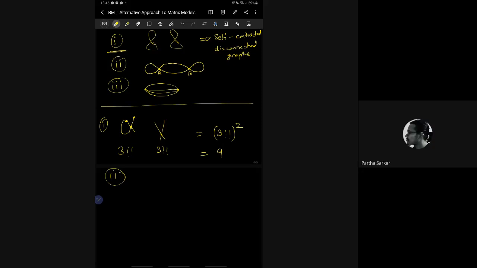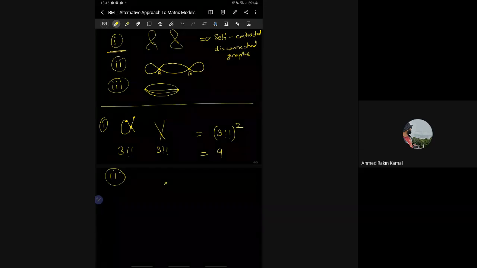Yeah, but let's say you have 4 legs. Think of it like this. There are 4 legs of this graph. You don't know which two are going to self-contract, right? So yeah, that's right. Any two of them can self-contract, and the other two have to go to B.